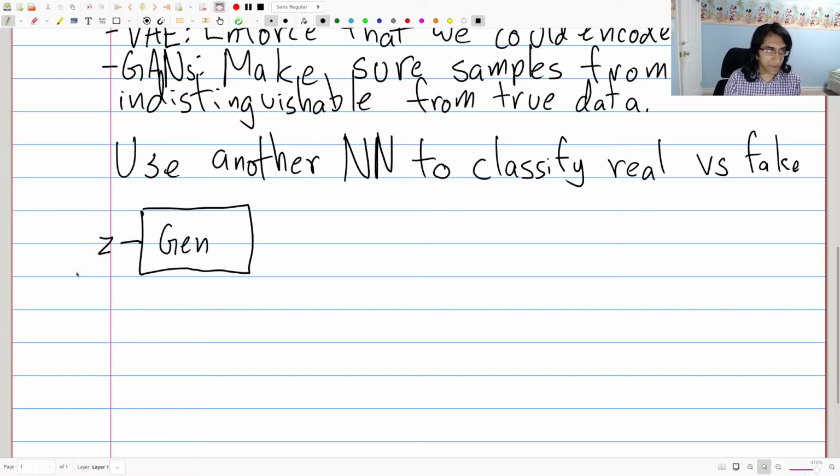And we're going to have z, which is N(0, I). And here as an output, we'll have some sort of x tilde. This is just going to be some sample from N(0, I) mapped through this network here. Versus here we have, say, our real data set.